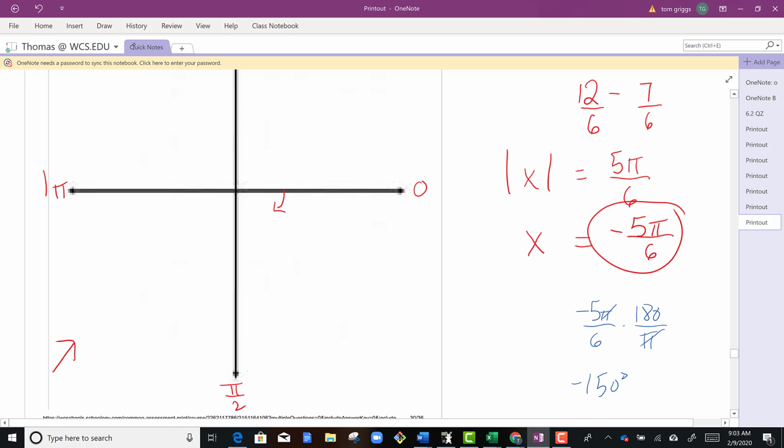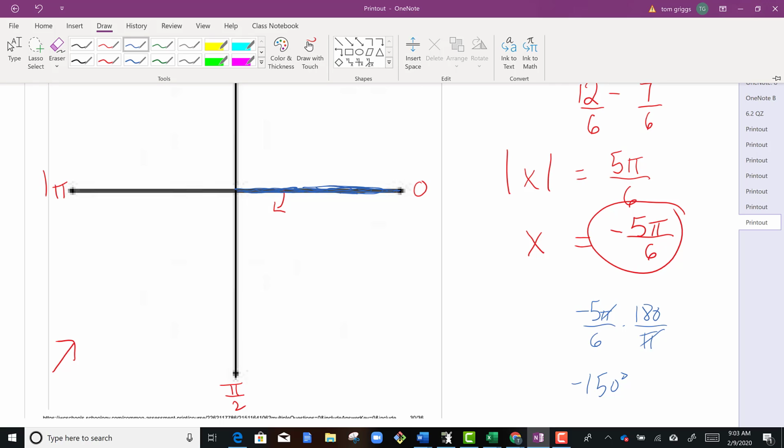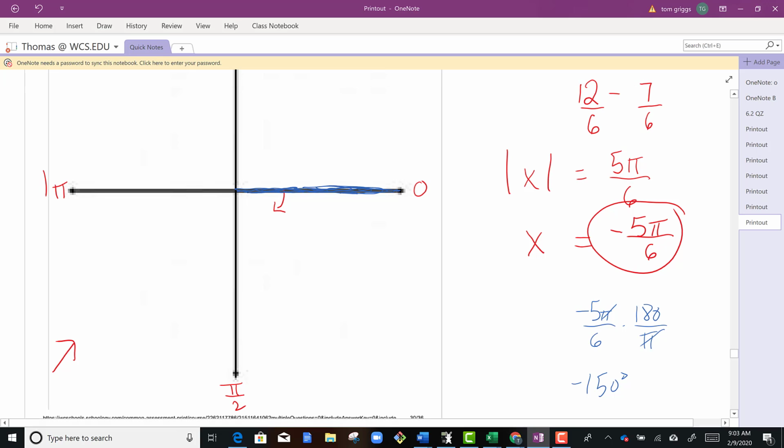So you can see I did the work there. I went ahead and converted it to get the exact angle measure. So I'm going to draw the initial side. It's kind of hard to do here because it's a thick black line, but this is the initial side of the angle you need to sketch. If I can use a thicker tool here, it's a little better.